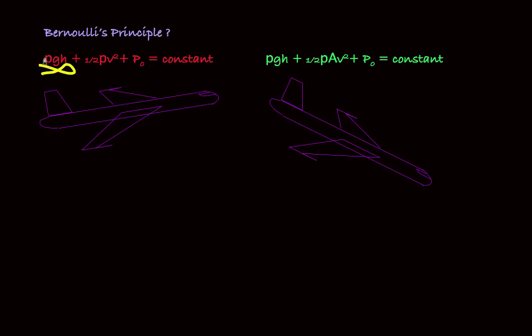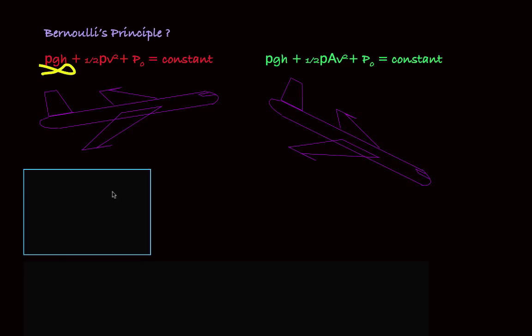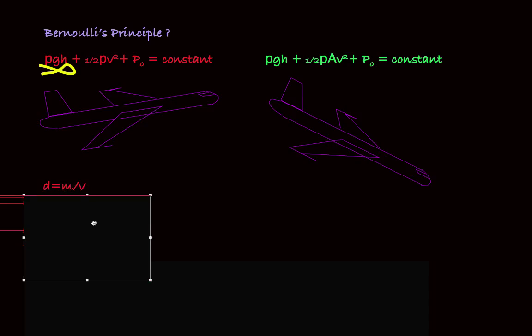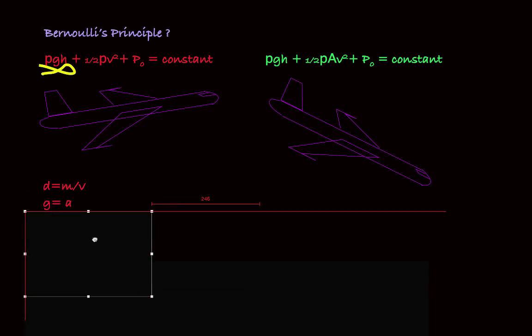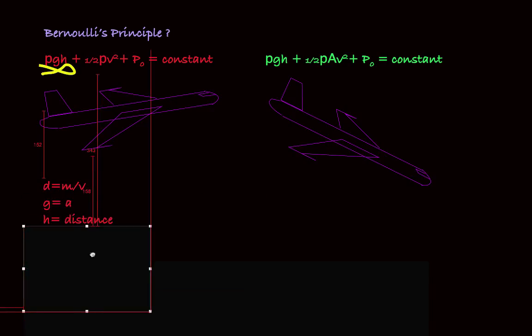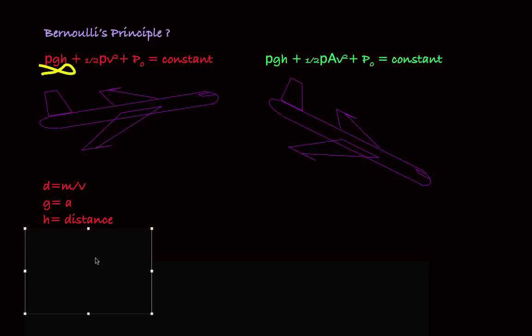This funny looking P symbol actually stands for rho, and rho is just the density of the fluid. Density is equal to mass over volume. The next term is gravity, and that's just an acceleration. And then the final term is h, which is a distance.